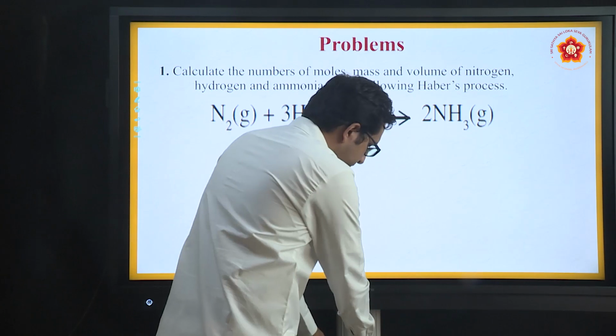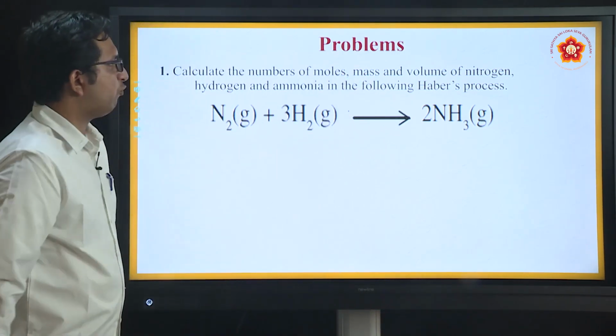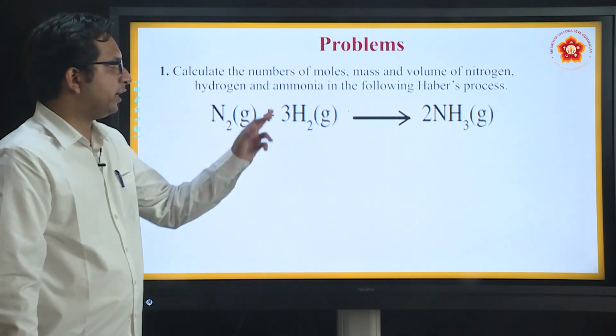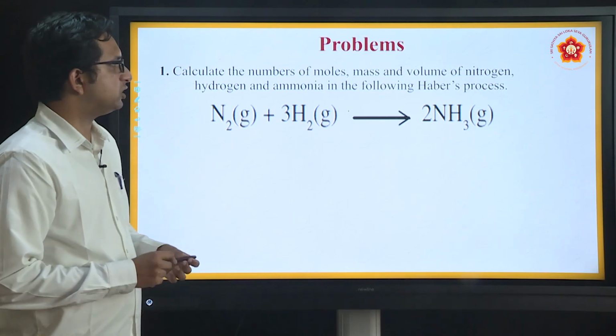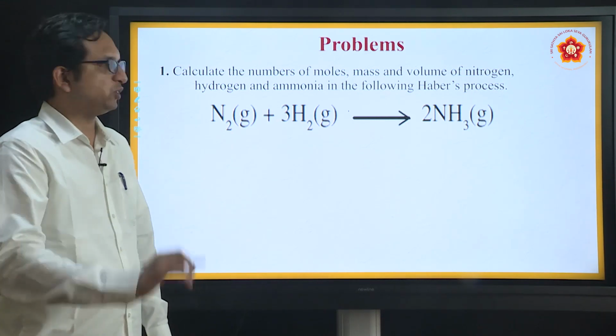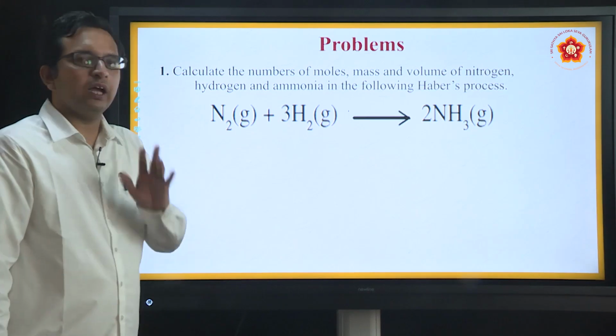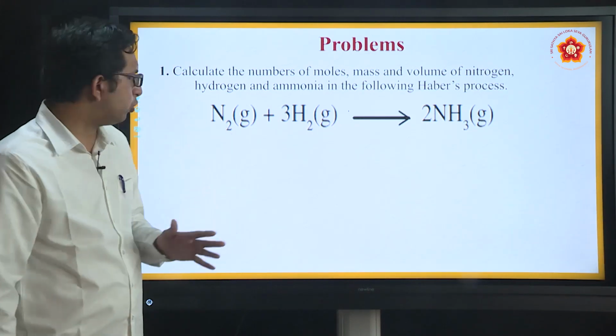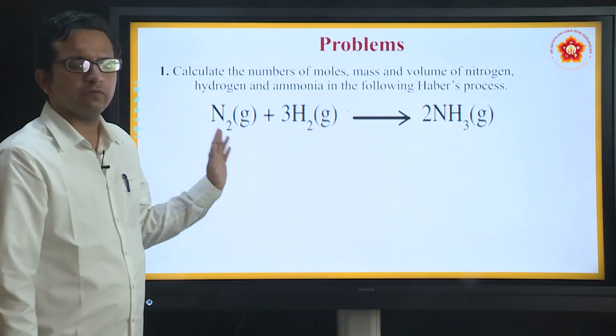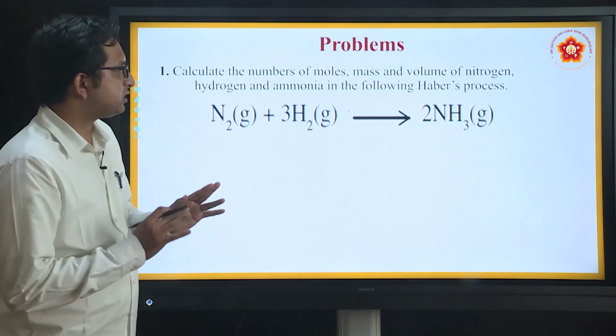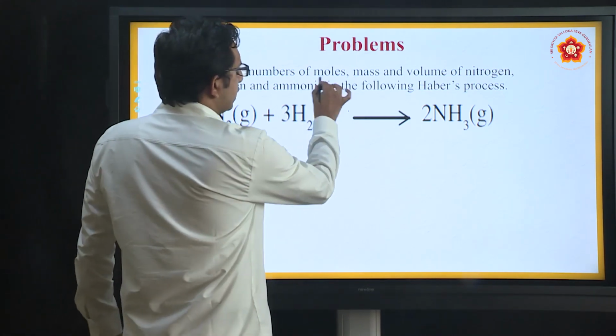The very first one: calculate the number of moles, mass and volume of nitrogen, hydrogen and ammonia in the following Haber's process. Now what is Haber's process? It is nothing but preparation of ammonia by utilization of nitrogen and hydrogen gas. First, they have asked us to calculate the number of moles.